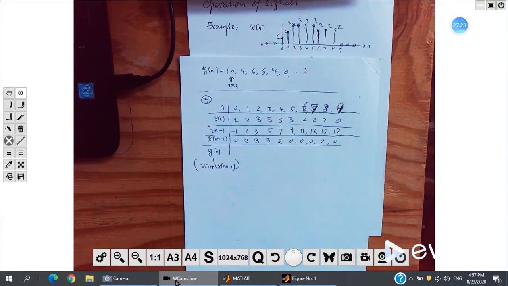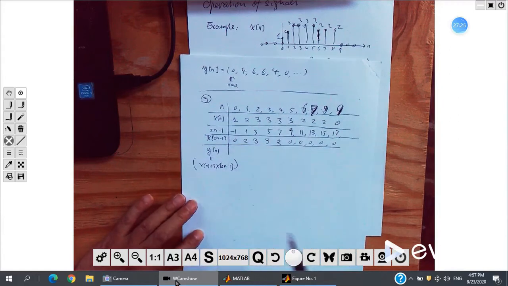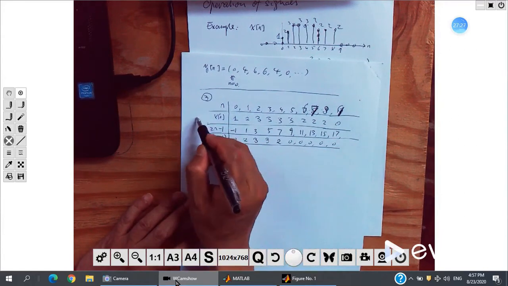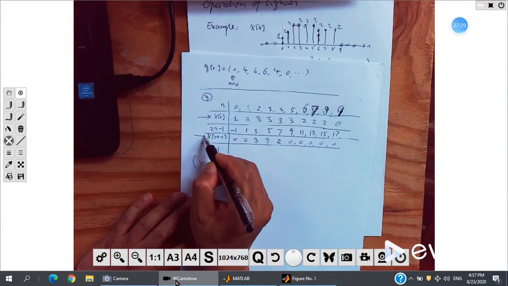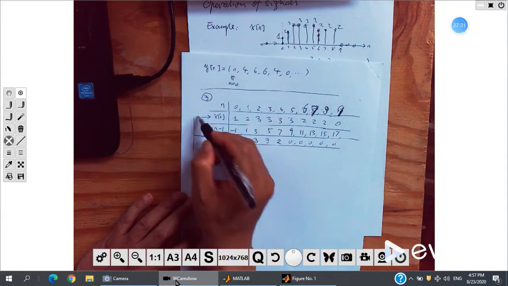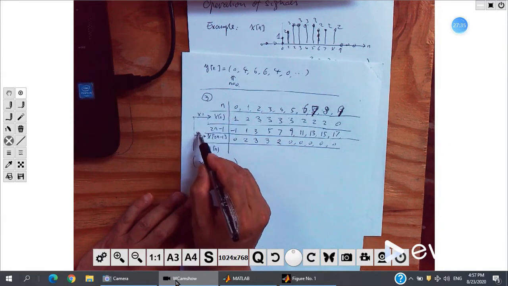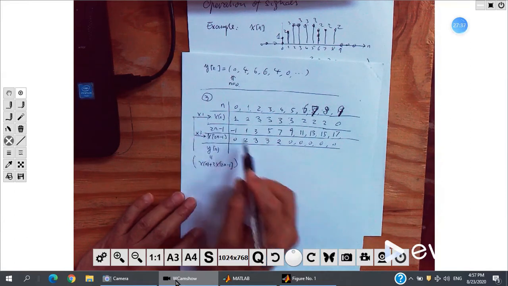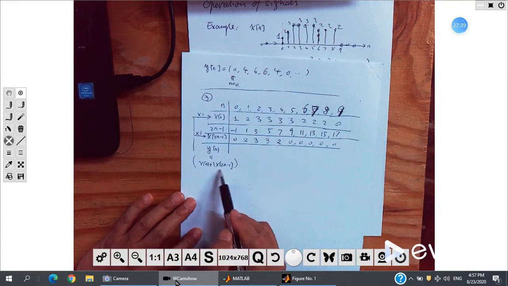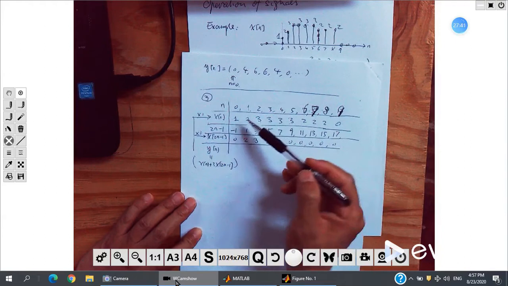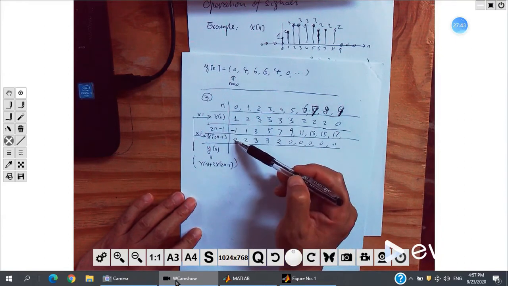Alright, we want to have y, right? Y is the summation of x and this x, we do summation. And this one, you just times 1, and this you need times 3, right? Times 3, do summation. Okay, now we do summation. 1 plus 3 of 0 is 1.